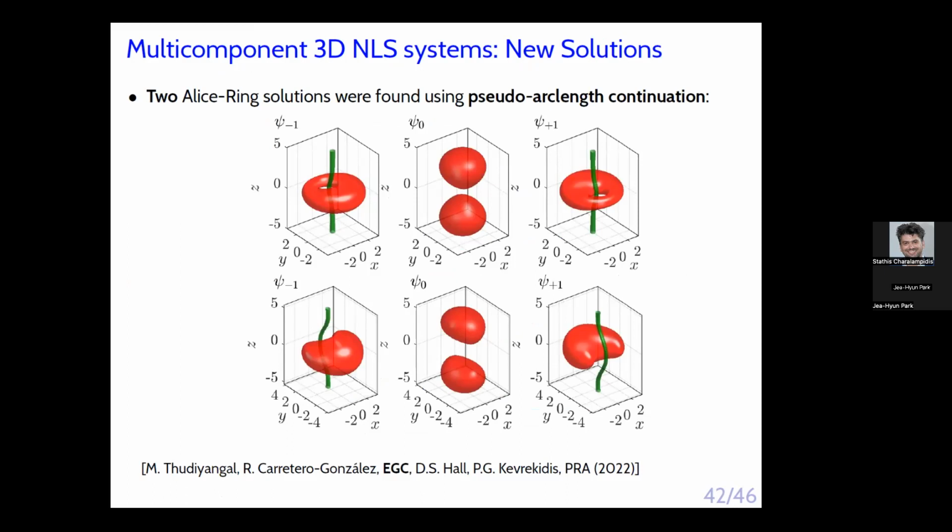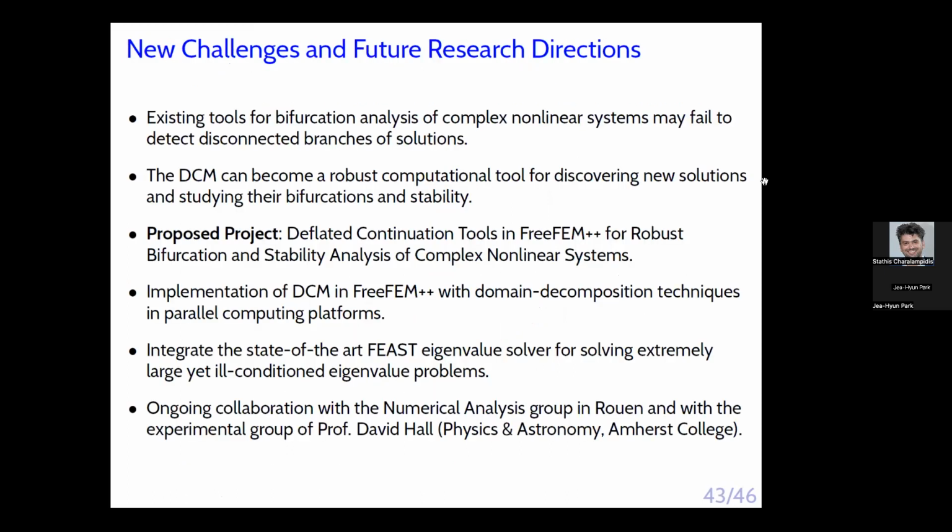But still, there are many interesting tools and challenges that one has to bypass when we work with such high-dimensional systems. So what I tried to tell you today was that we have many tools out there that can do a really good job in terms of exploring the configuration space of complex nonlinear dynamical systems.